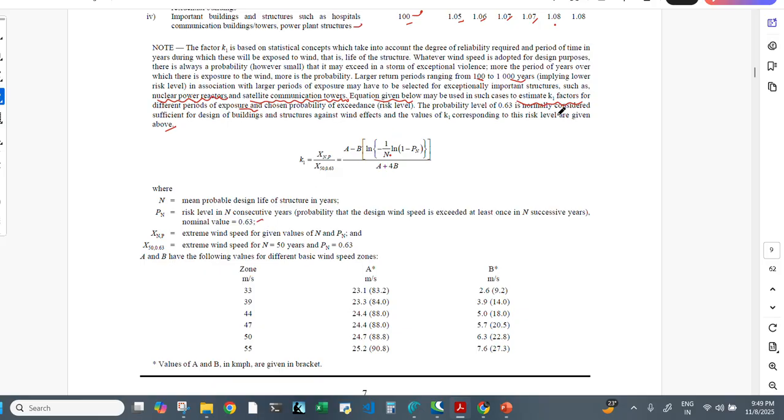The probability level is normally considered sufficient for design of buildings and structures against wind effect. And X and P is the extreme wind speed for given values of n and Pn. Here n is 50 and Pn is 0.63. A and B are the following.